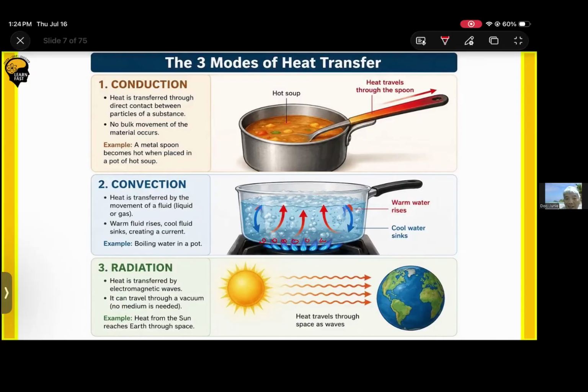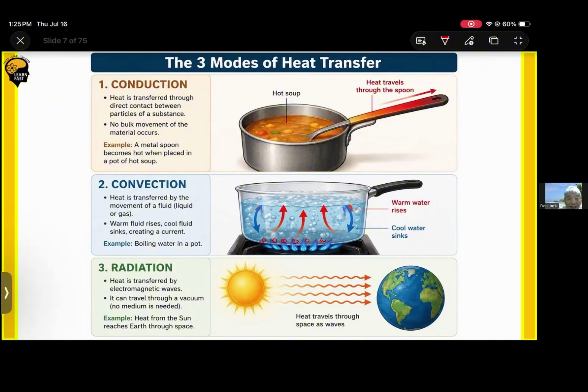Now, how about radiation? Radiation is a mode of heat transfer wherein heat is transferred by electromagnetic waves. In the picture you would see a sun. The sun is hot, right? Heat travels through space as electromagnetic waves, and the earth becomes hot.